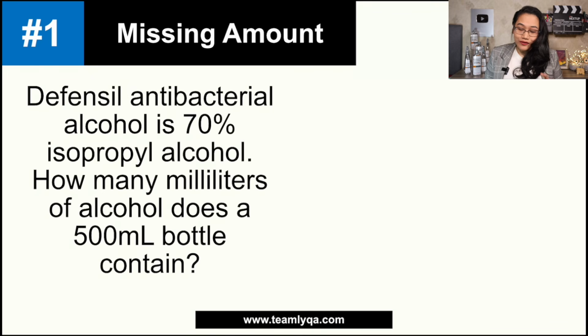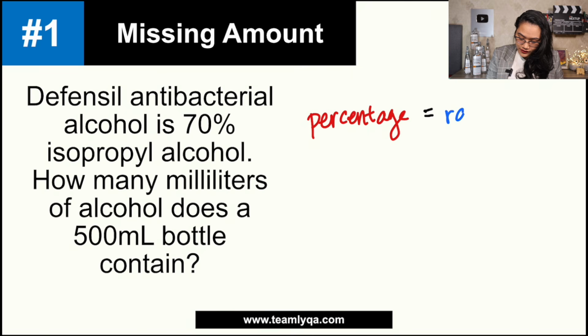Okay? Now, the first thing that we could do would be to use a formula. There is a formula that we can use. Ang sabi niya, percentage is equal to rate times the base. Now, sa problem na to, anong ibig sabihin noon? Ang percentage natin, of course, very obvious naman, may percent sign pa siya, is yung 70%.